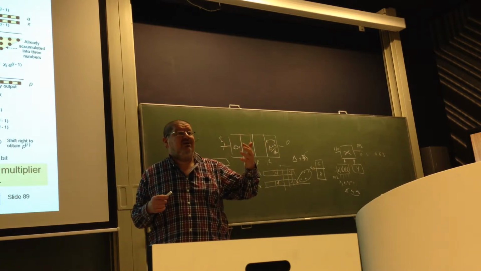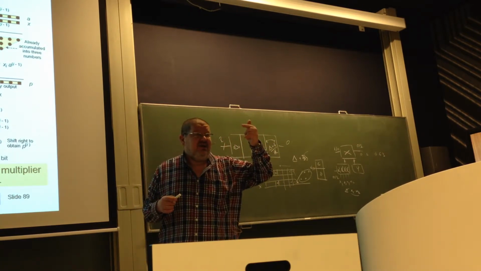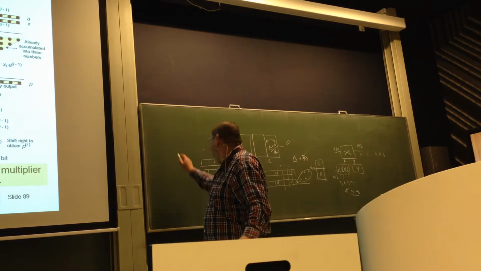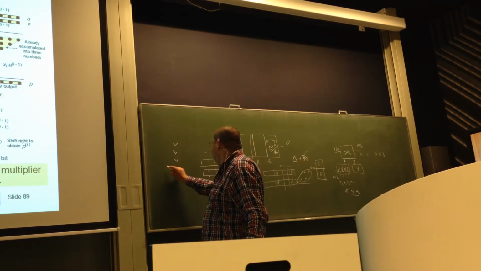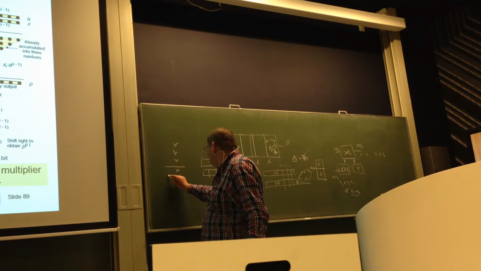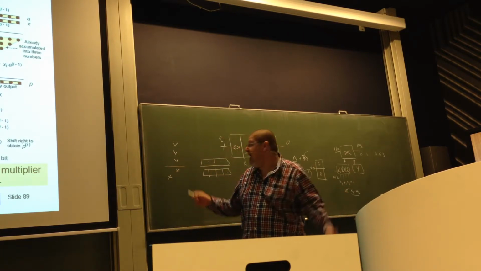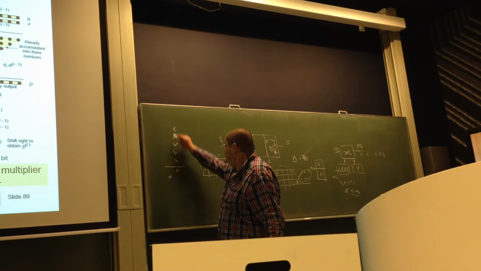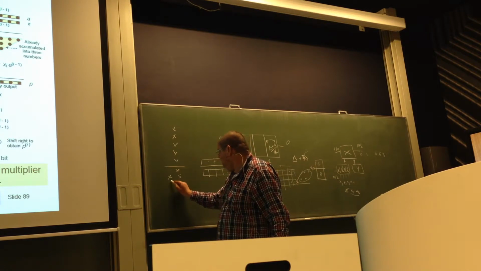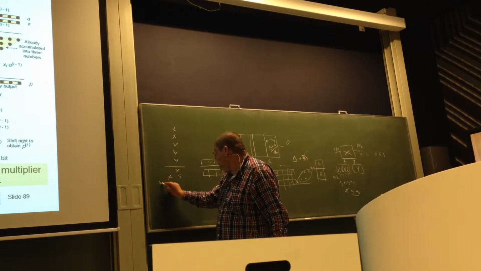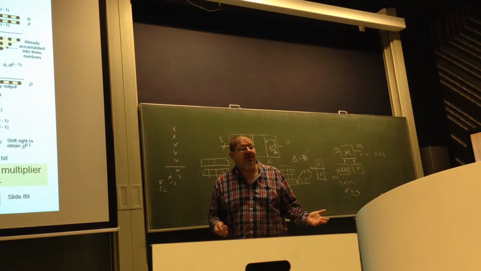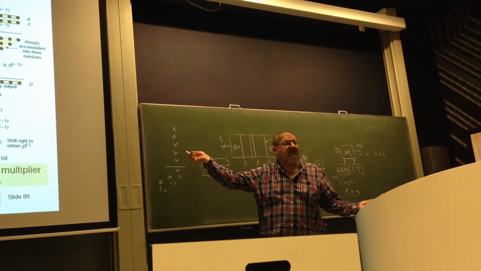We know the sum and carry representation. If I have a full adder, this will give me sum and carry. Now, because I have 5 of those, I have sum, I have carry 1, and I have carry 2. Because this is between 0 and 5.